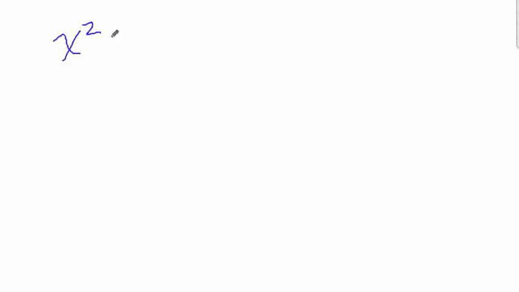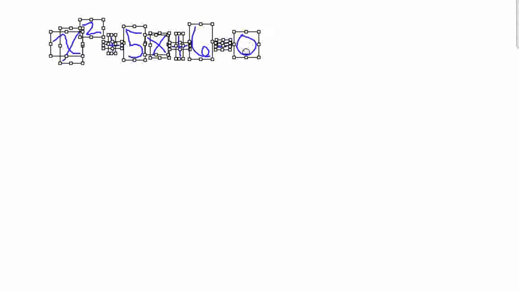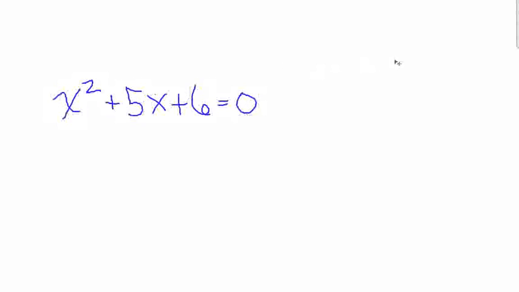Suppose I had x squared plus 5x plus 6 equals 0. All right, so the first comment I want to make is that if you don't have an equation that has 0 on one side, go ahead and make it so. So for example, let's say that the original equation was given to you this way.